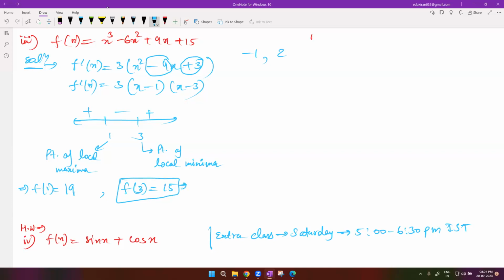So this is the local minimum value of f(x), and this is the local maximum of f(x). Right?